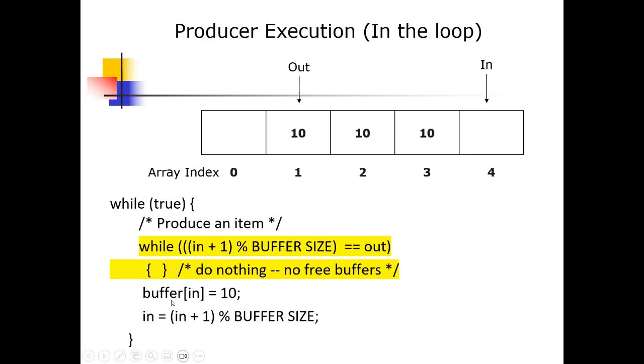Now what happens is buffer in, right? Buffer 4, we will fill the value 10 and then increase the value of in by in plus 1. Now what is the value of new in?